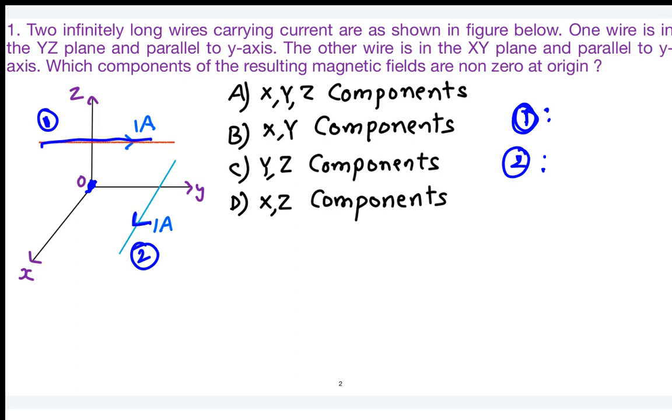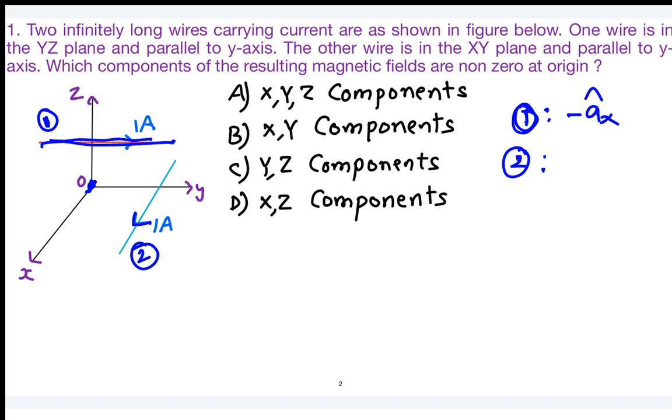Can you tell me the specific direction? This is located in the YZ plane, right? What is coming outside of the paper is positive X, and what is going inside of the paper is negative X, isn't it? Good, negative X. So with your right hand, the magnetic field results in the negative X direction. Very good.